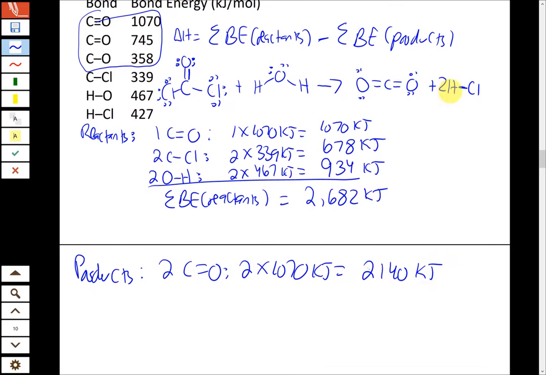And then we have 2 HCl. HCl itself only has 1 bond between hydrogen and chlorine, but there's 2 moles in that balanced equation, so we still need to multiply that by 2 because that's happening twice. So 2 HCl's.